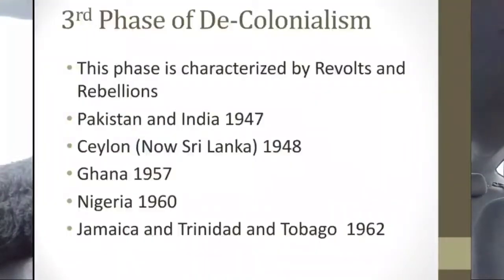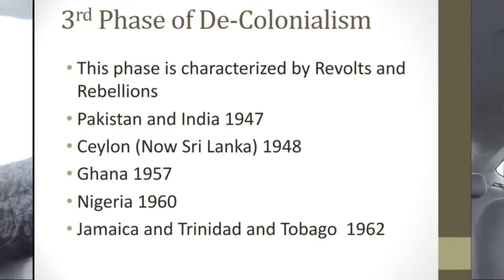Then the Second World War came, and after its end, the third phase of decolonization started. In that phase, South Asia, where India, Pakistan, Sri Lanka and so many other countries, even Hong Kong, and some parts of the African region, and the West Indies, Trinidad and Tobago, got complete independence.